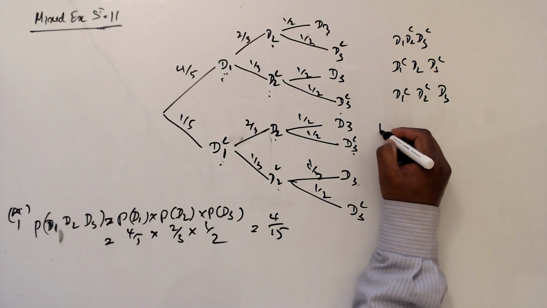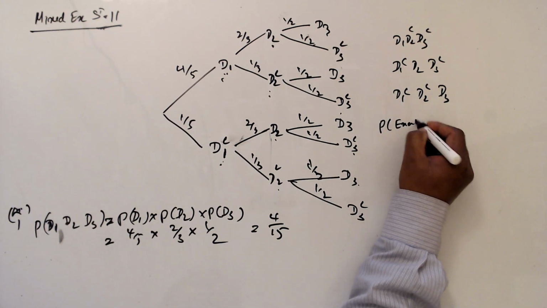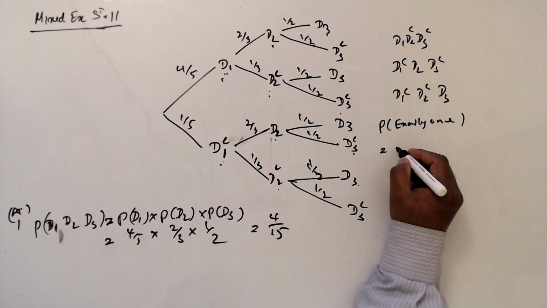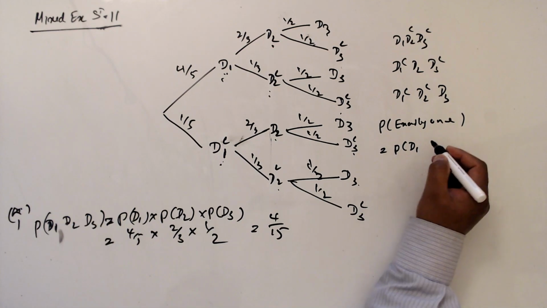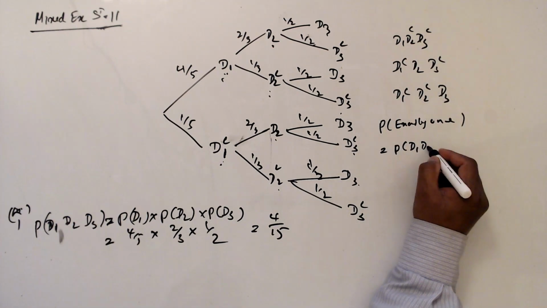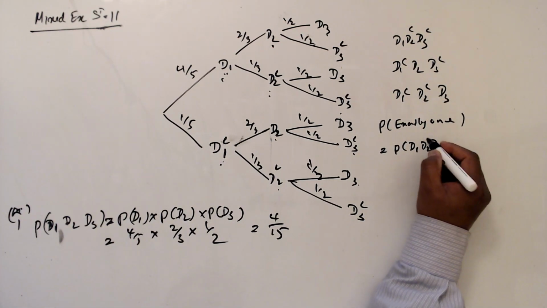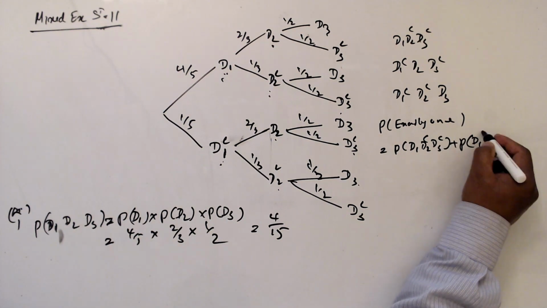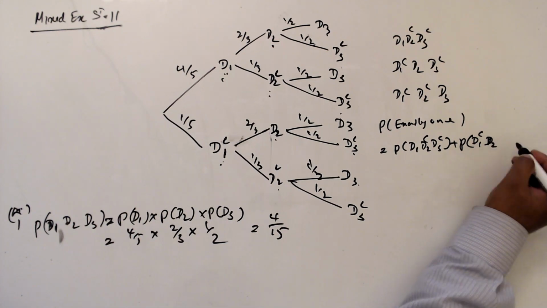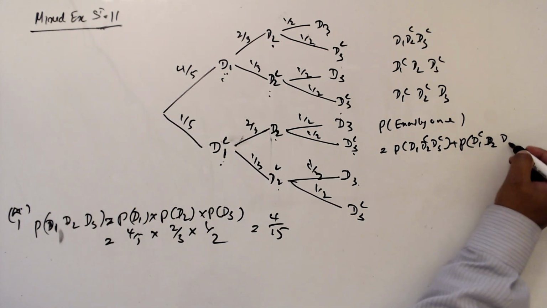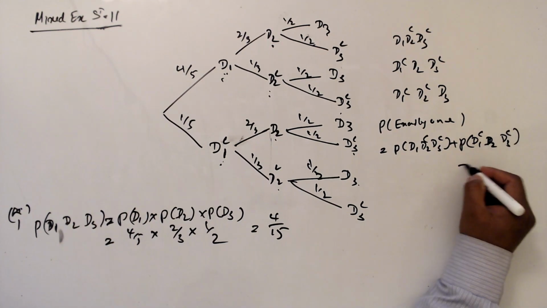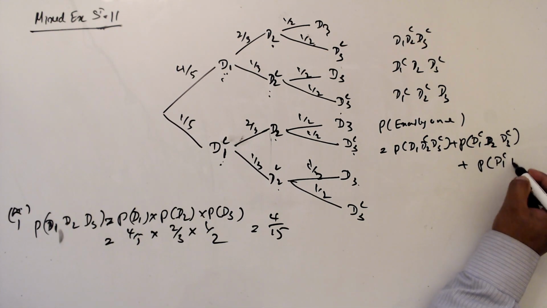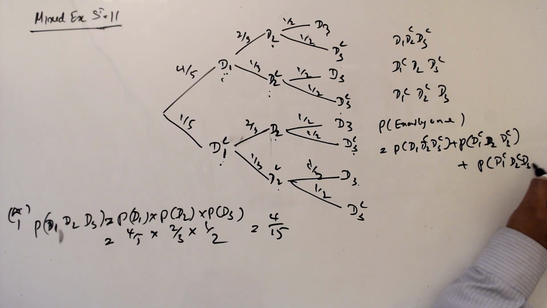So the probability of exactly 1 is equal to the probability of D1, D2C, D3C plus the probability of D1C, D2, D3C plus the probability of D1C, D2C, and D3.